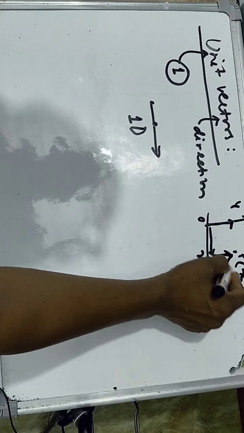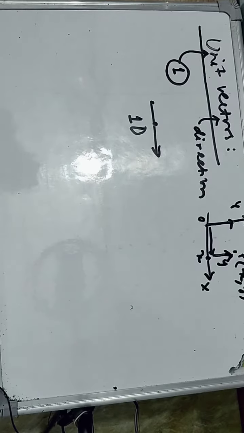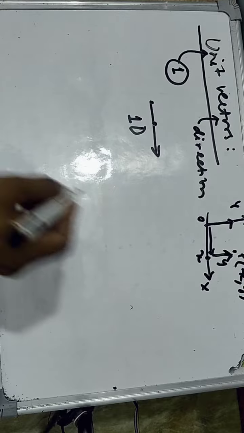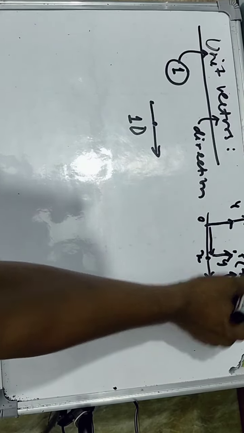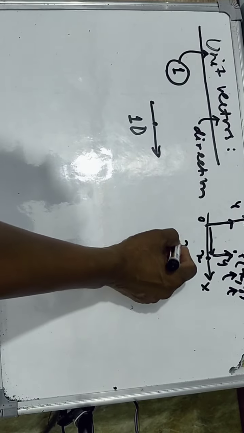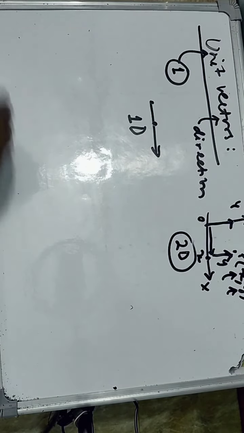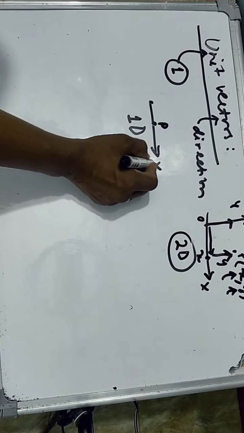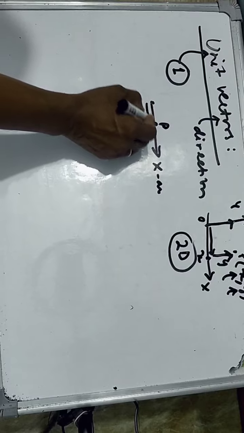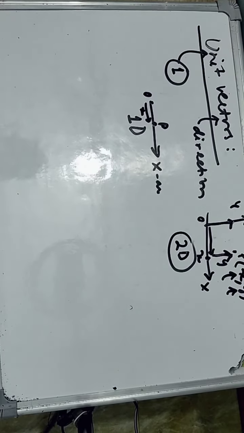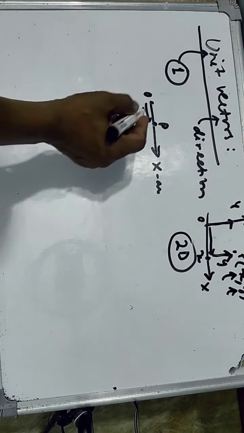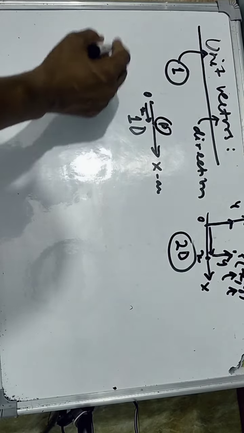Then the coordinate of that point P will be x and y. It is a two-dimensional expression of the position. If it is only the x-axis, the position of the point is clarified if the value of x is known.